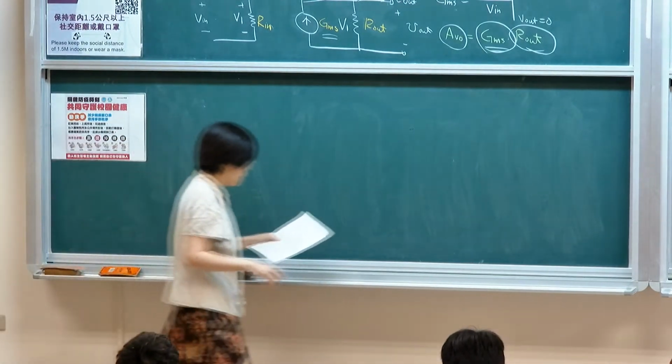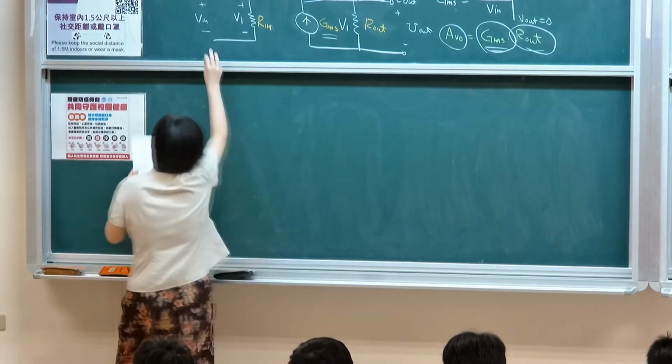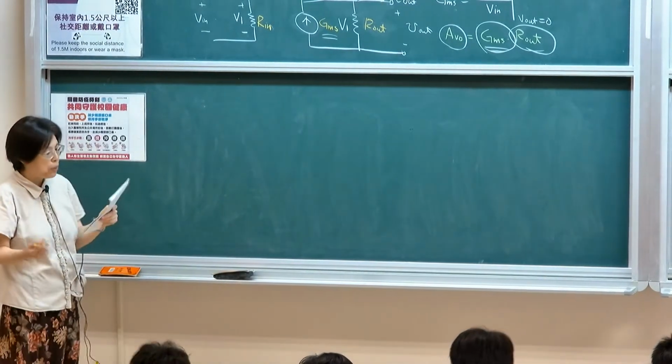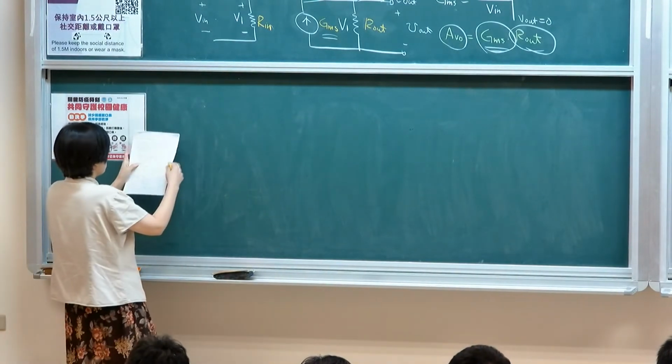So let's look at its structure. As I said, the main reason is to deliver high output resistance. So let's look at a cascode current source. Let me write it down.